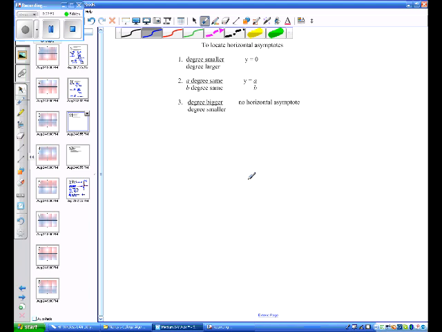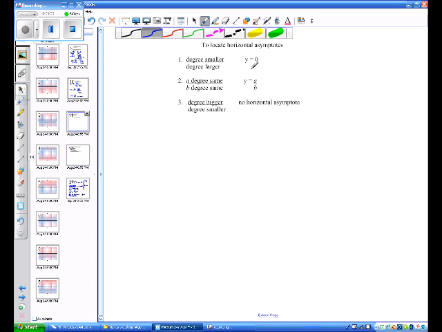I don't know that it's super mathematically written, but it helps me remember. Basically, if the degree of my numerator is smaller than the degree of my denominator, and you could word it the other way, if you want to call the degree of the denominator bigger than the degree of the numerator, you can. But if they're in that form, then I'm going to have a horizontal asymptote at y equals 0.